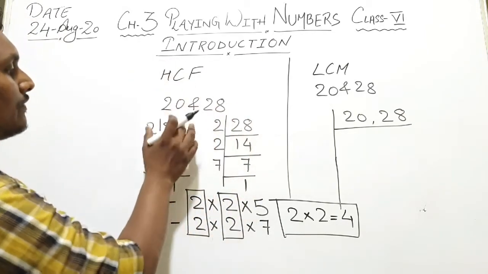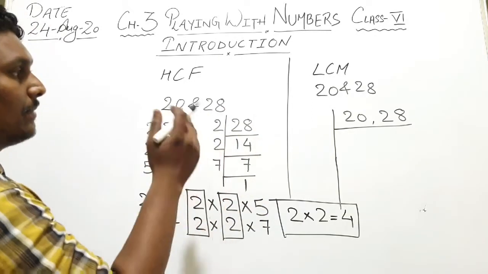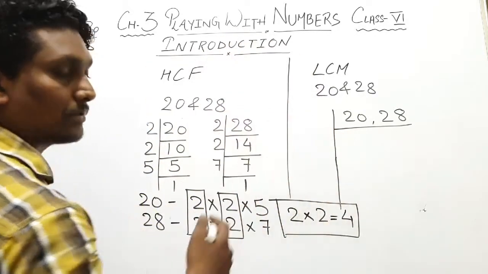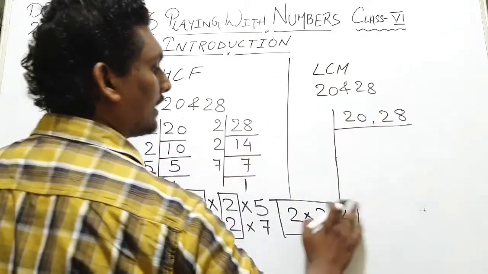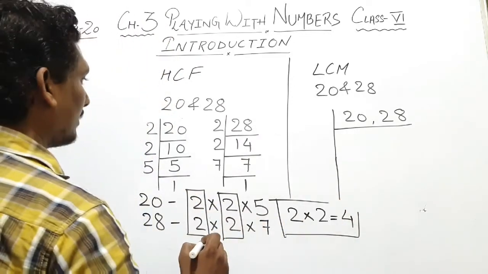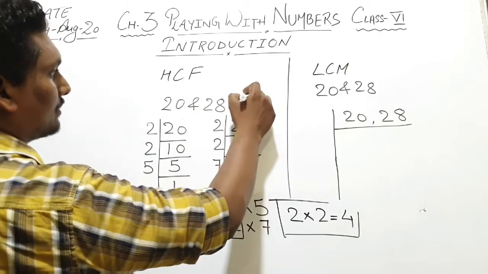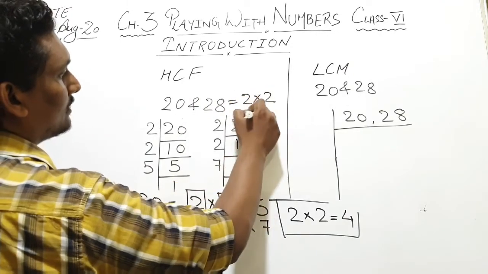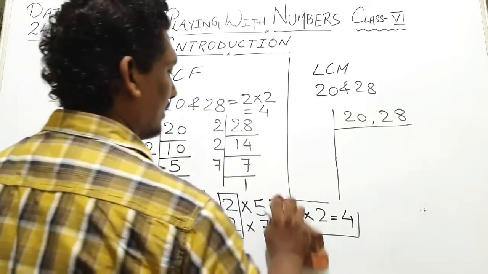In highest common factor we have to separately find the prime factorization of both the numbers, but in case of LCM it is not like that. In LCM we have to find by taking together. So here I am writing the HCF is 2 into 2, that is 4. Okay, so just note it here.